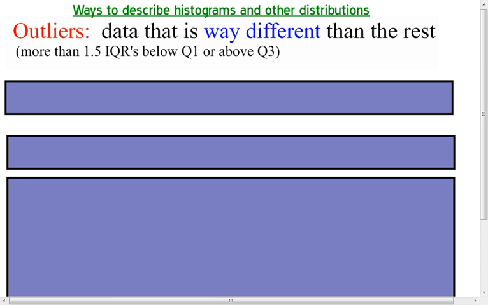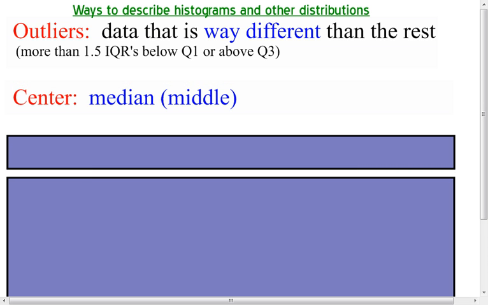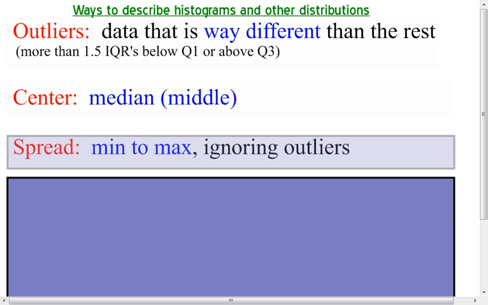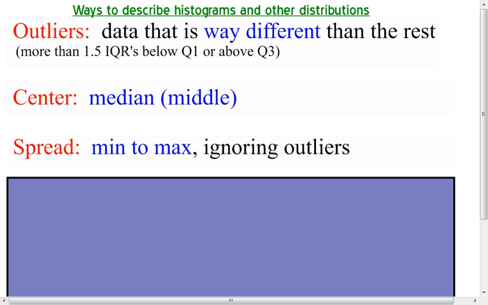That won't really apply today, but we will be looking at that in future lessons. The center is the median, or the middle, so that's where you would have all the numbers listed from smallest to largest, and you would find where the middle one is. Sometimes, if there's two middles, you're going to have to average them. The spread is the smallest number to the biggest number, or the min to the max, and you would ignore the outlier. So if you have an outlier, you don't count it in the spread.